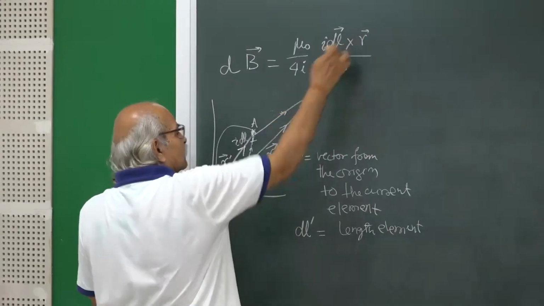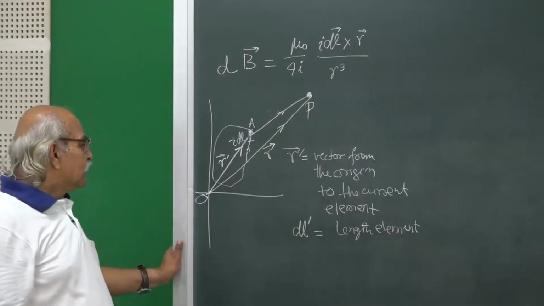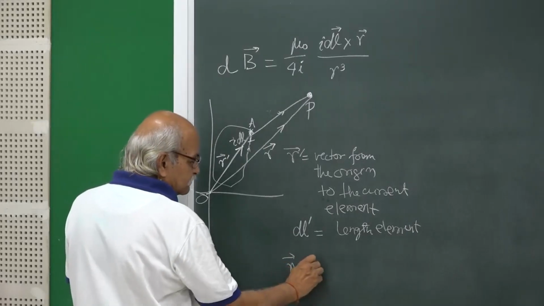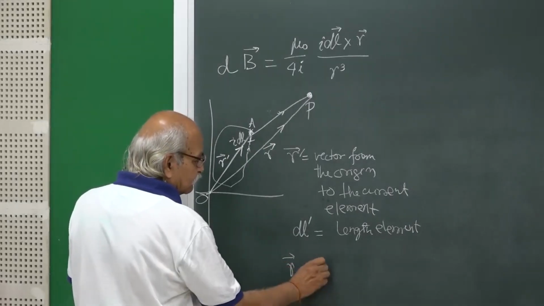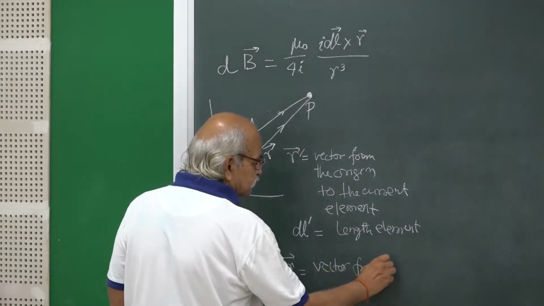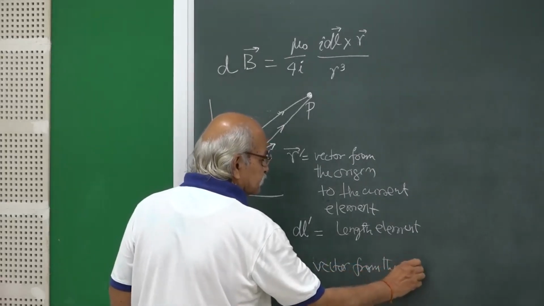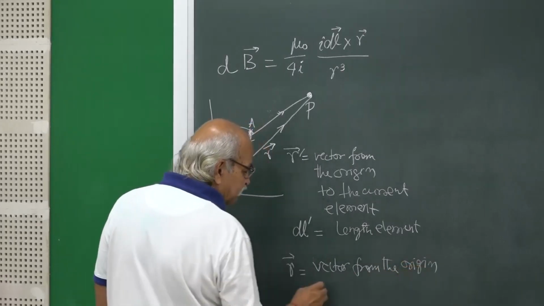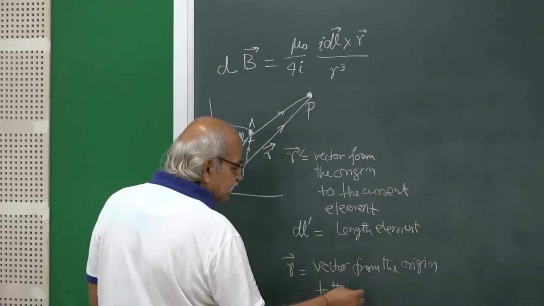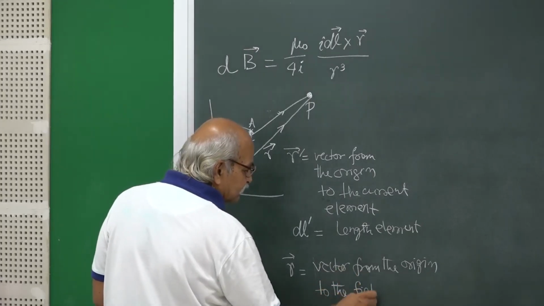This r is not this r. Okay. So, this r vector, that we write for position vector from the origin to the field point, to the point where field is needed, we call it field point.